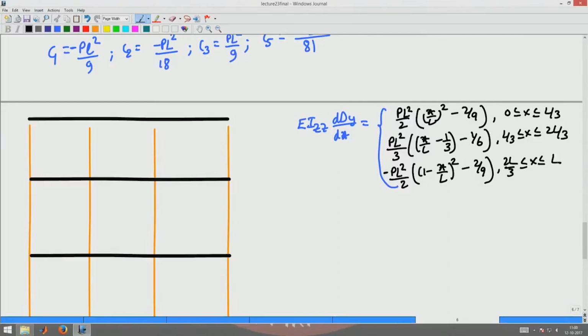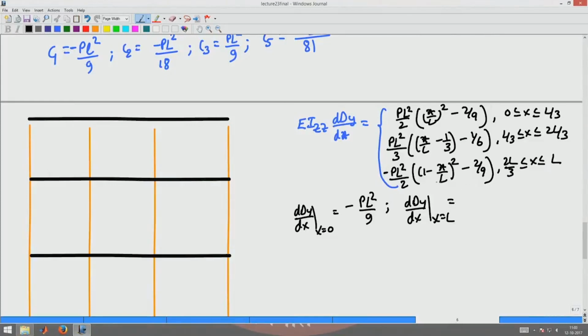Now, let us find the specific values of this slope. d delta y by dx at x equal to 0 would be minus PL square by 9 and d delta y by dx at x equal to L. These are the slopes of the supports.